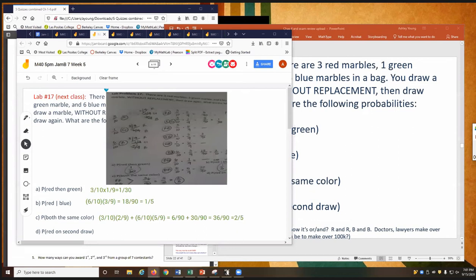Let's take a look at red given blue. Given blue means I am standing here. What's the probability blue has happened? 100%. Given blue means I know blue has happened, so the probability of blue happening is 100%. I am here. What's the probability that I draw a red one? 3/9. Done.